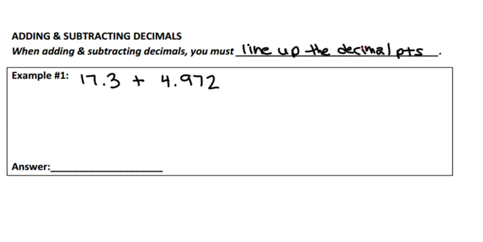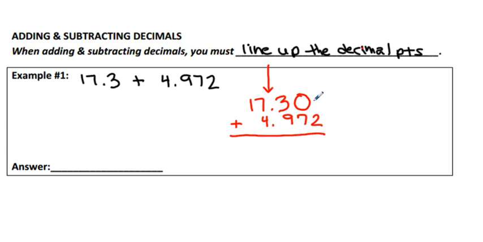So in my work, I'm going to put 17.3 plus 4.972. The decimal points being lined up right here is really important. For the 17.3, I can put zeros in just so it doesn't look lopsided.